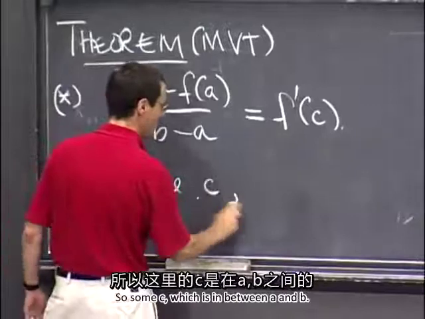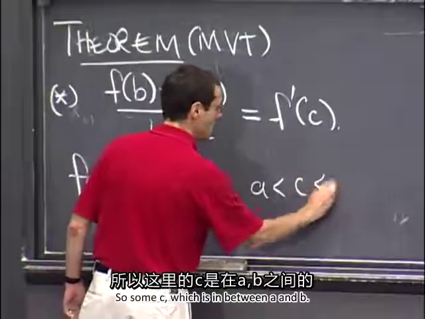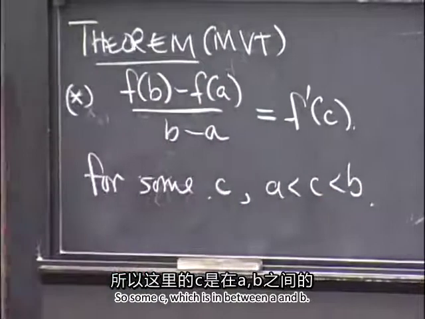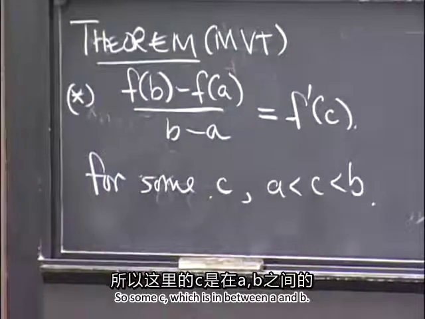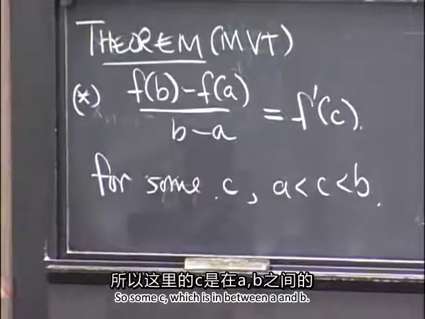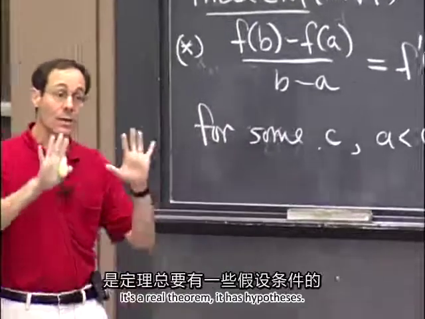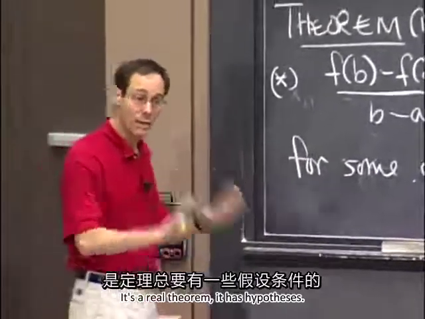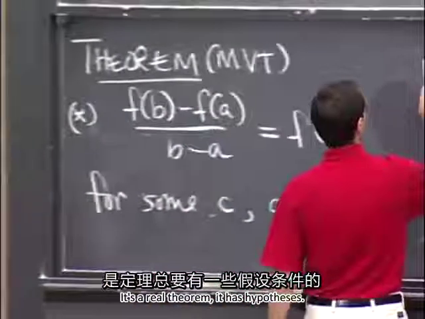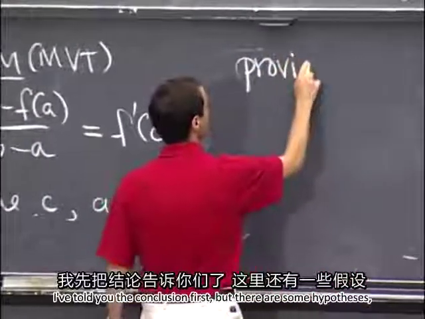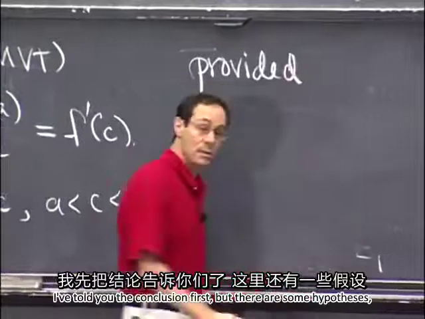So some c, which is in between a and b. I'm not quite done. It's a real theorem. It has hypotheses.